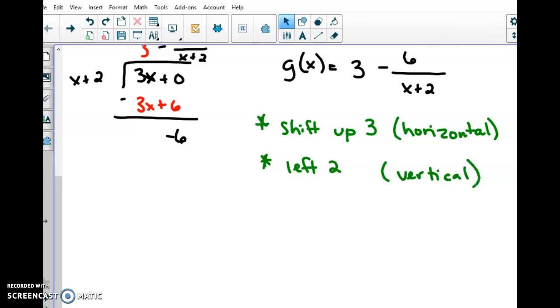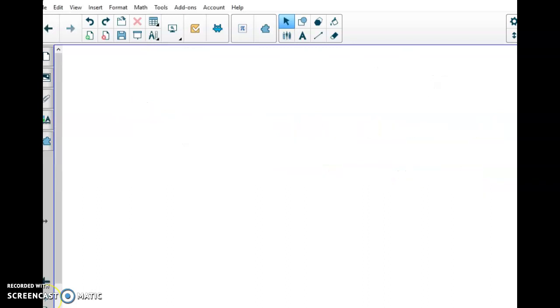So that's rewriting our equation, but you can do this without rewriting. Sorry, got interrupted there, but you might not be able to use long division in order to rewrite your equation in that special form. So there's tricks that you can do in order to identify your vertical asymptotes and horizontal asymptotes.